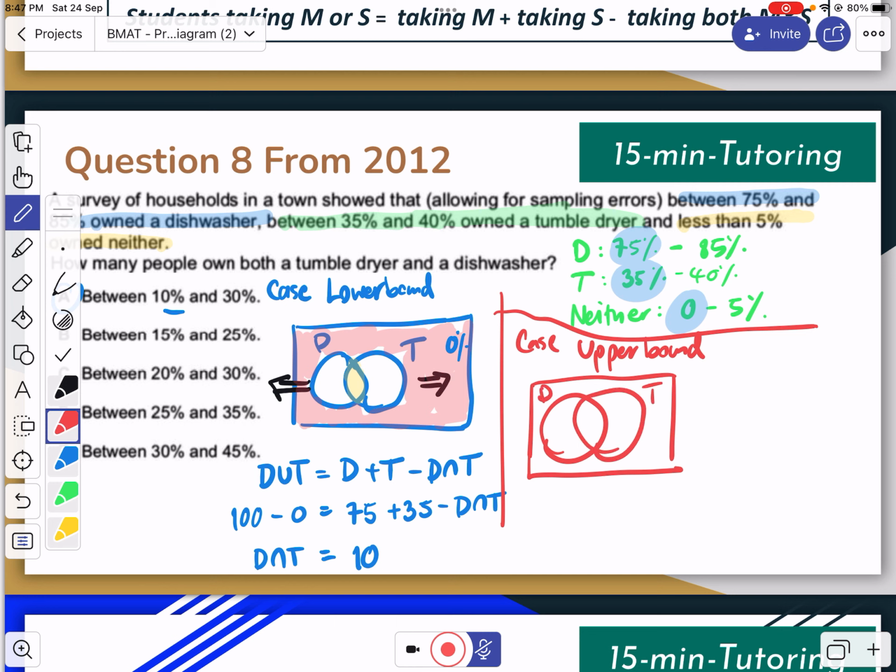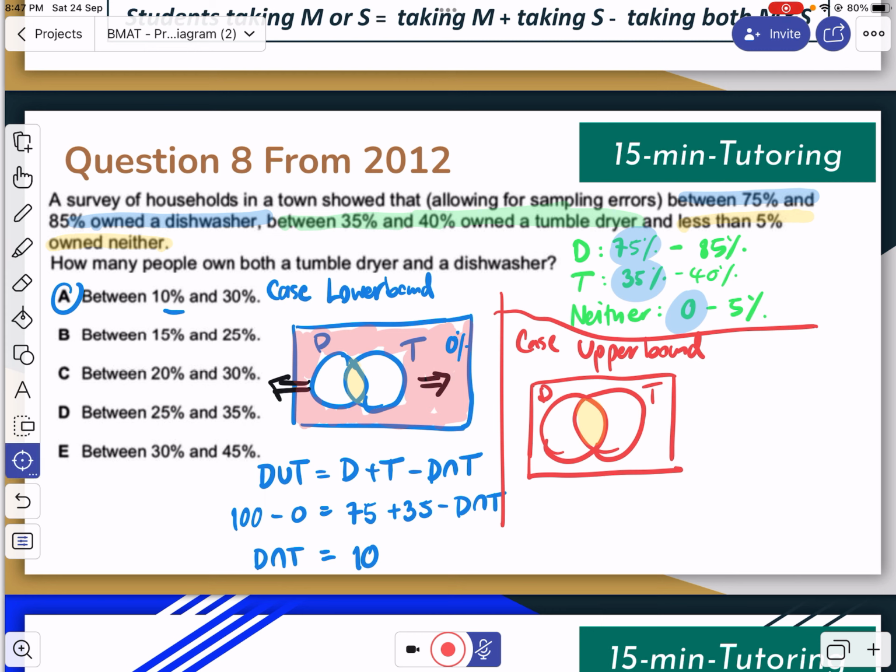A Venn diagram will look very similar, but instead of pulling the two circles apart, we want to force them to overlap as much as possible. And to do so, we will be selecting the numbers for D and T that favor the case where we want to maximize the overlapping area. In this case, we want to make the overlapping area large.